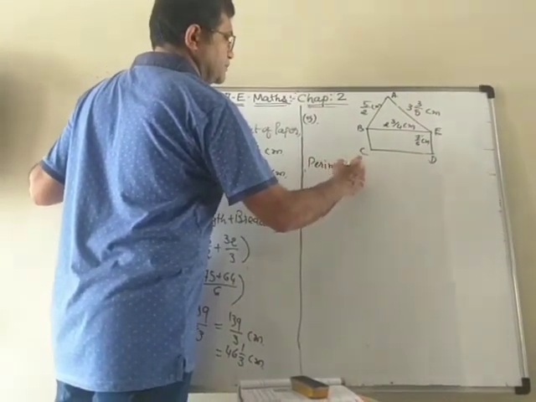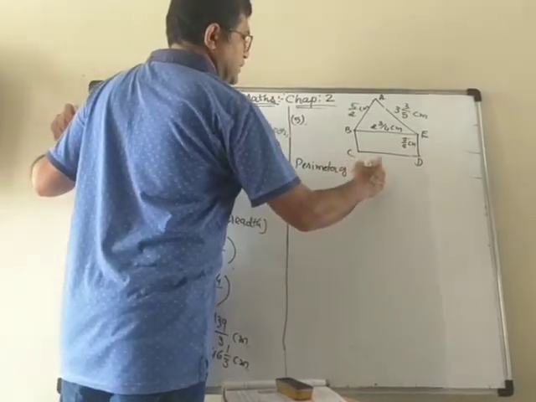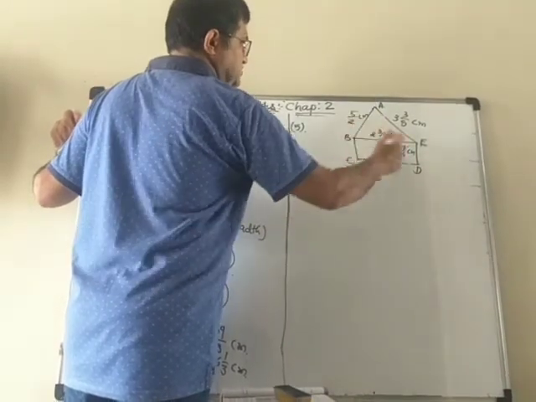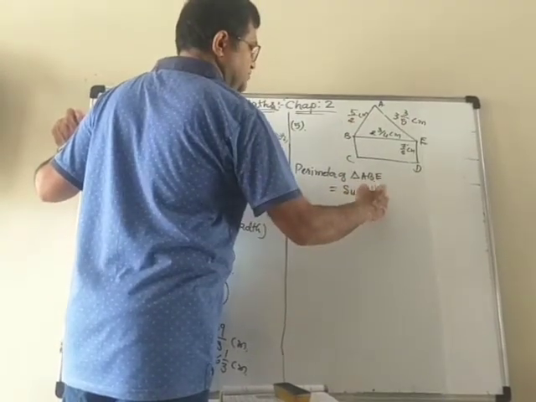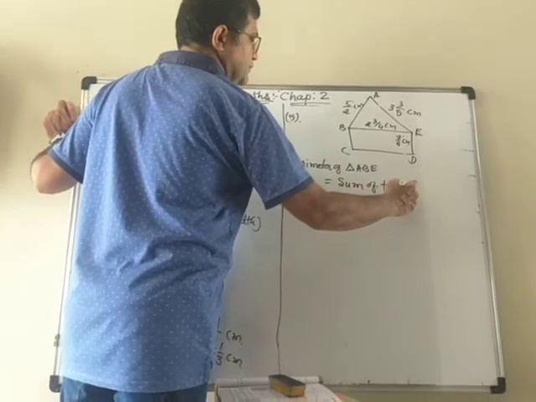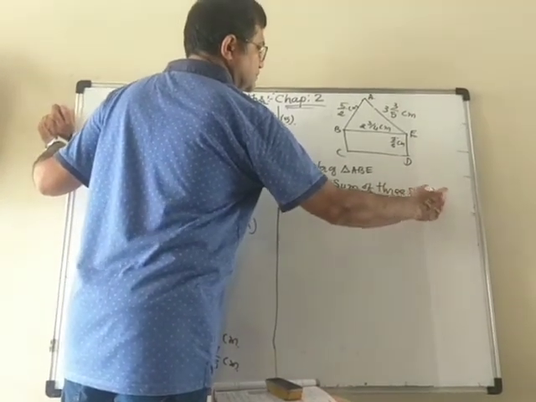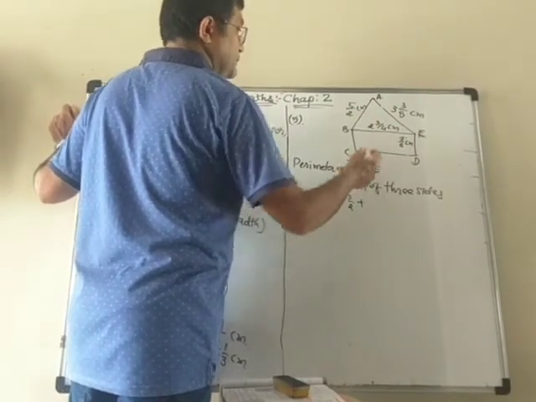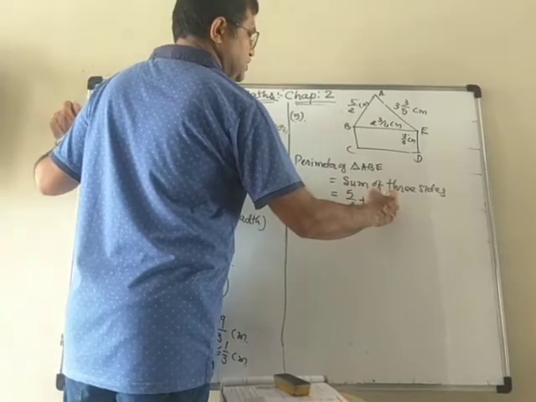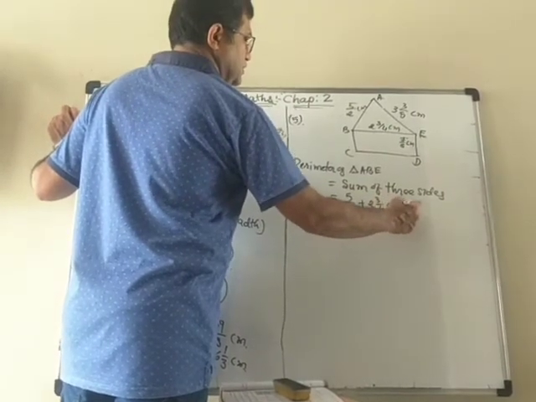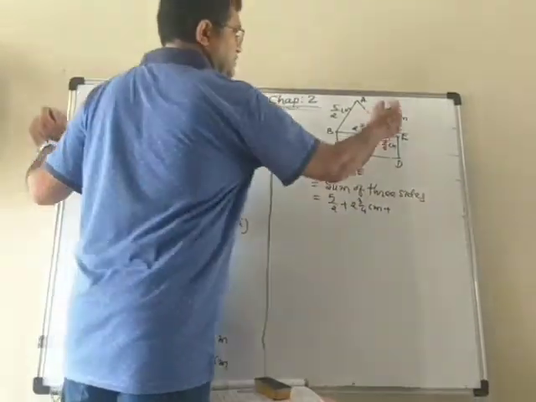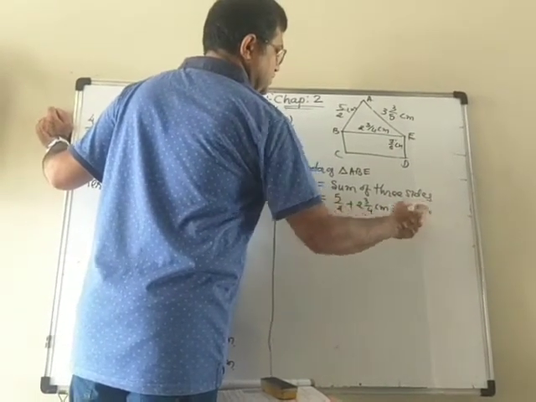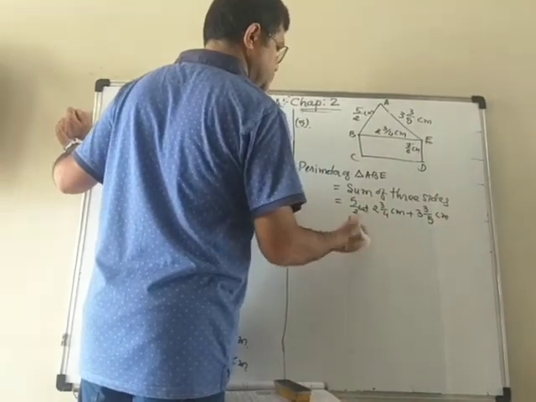Perimeter of triangle ABE. It means the sum of the three sides. So 5 by 2 centimeter plus 2 integer 3 by 4 centimeter plus 3 integer 3 by 5 centimeter.